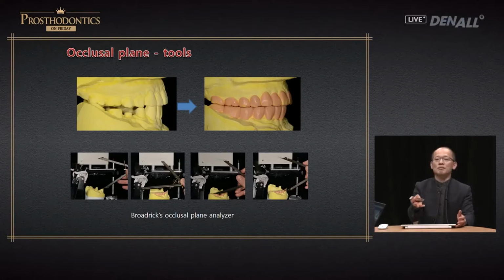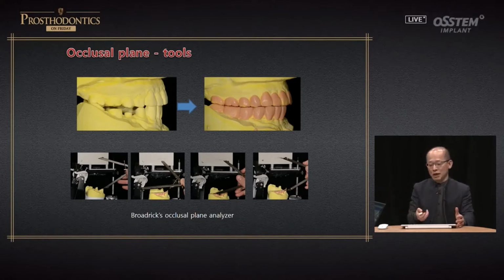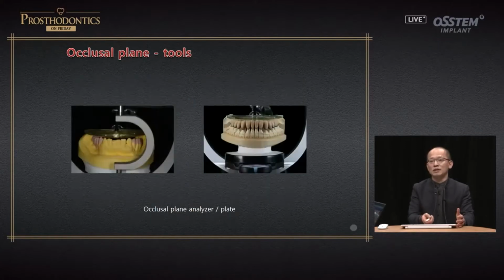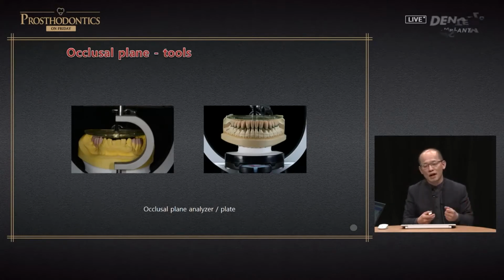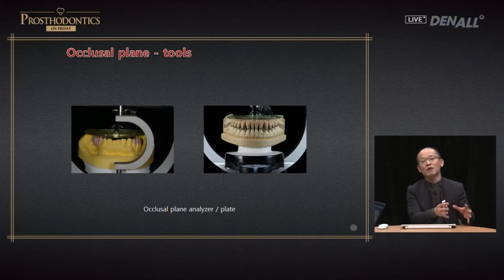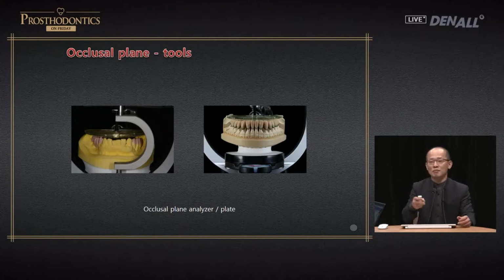Now, in the tunnel series, this is the occlusal plane tool that can be used, and on both sides symmetrically on the central line, at the same height, there could be some evenness, and the tools can give you that. There could also be an occlusal plane analyzer, a plate. It's not something you create. It's in the articulator, you make an assessment, and the technicians create it based on your assessment. And through such a process, a lot of things can be done if you use the tools.